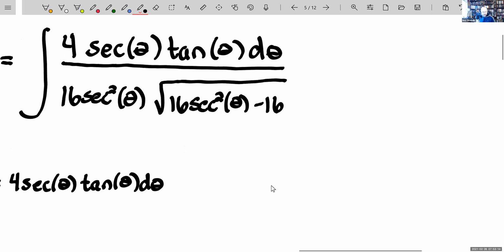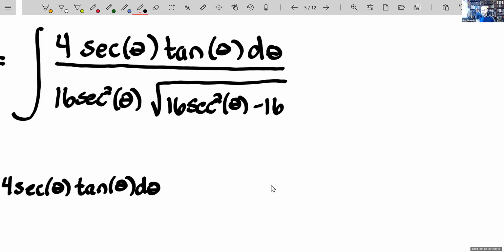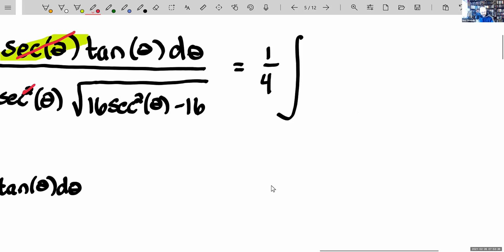Now, that may look ugly to you, but I promise it cleans up beautifully. I'm going to move the constants out front. Obviously, 4 goes into 16 downstairs, so that's just a 1/4. The secant here will cancel with 1 power of secant there, so I'll just write that as a power of secant downstairs.